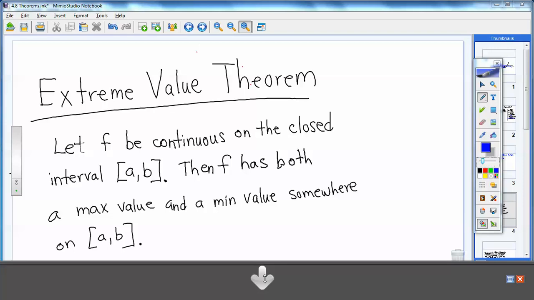Now, one of the things that's going to happen in your homework questions is it's going to give you an example of what I just gave you, and it's going to say, why doesn't this violate this theorem? Because if it's a theorem, it's got to be true, right? It's been proven. So when you have a theorem, you have the hypothesis and the conclusion, if then, right? Those of you that were in computer programming, we talked about if-then statements. If the function's continuous on a closed interval, then f has to have both a max and a min.